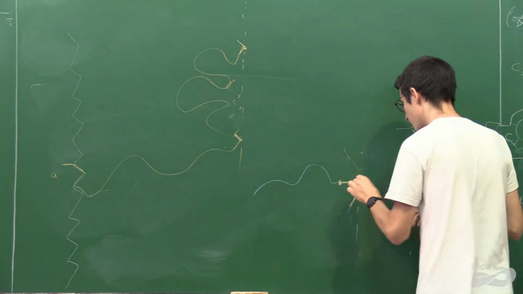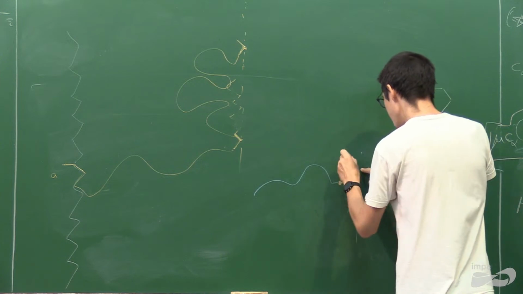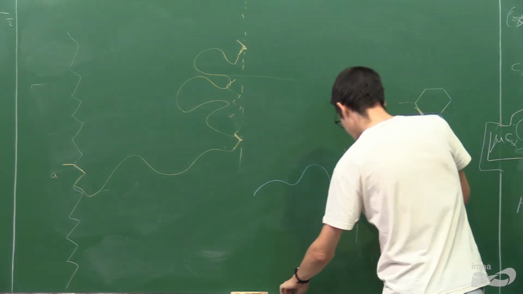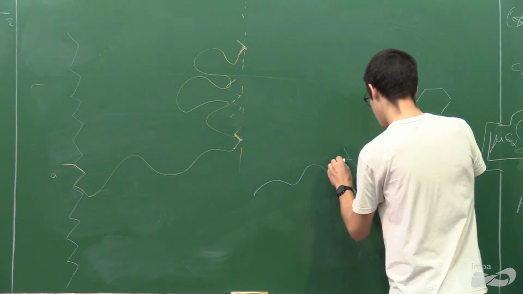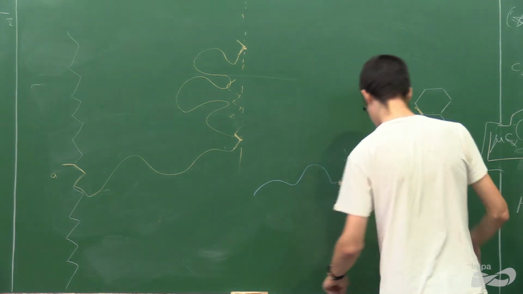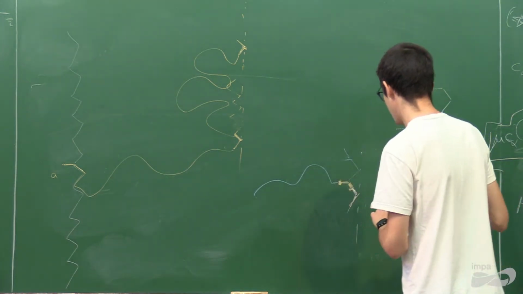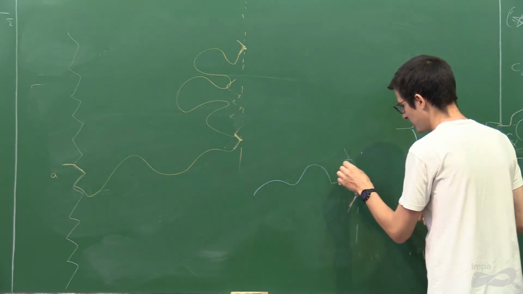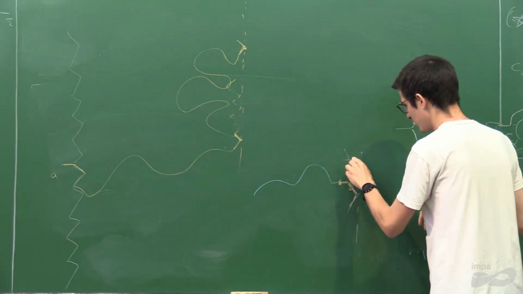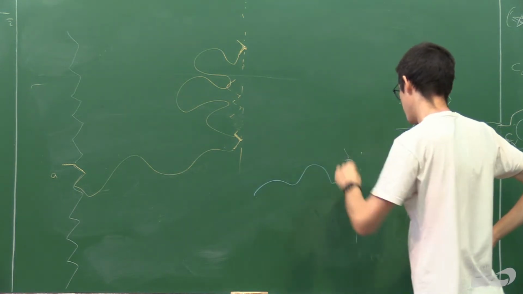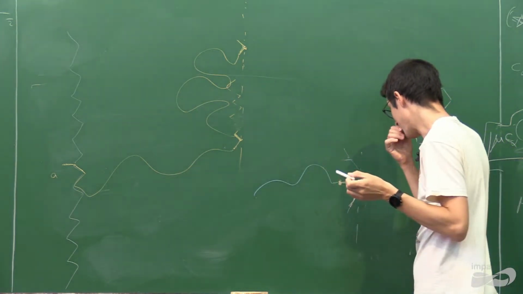And then if you look at the future from this point, well, you know that you're never going back there. So in particular, you don't know much more than this, but okay. So you know you're never going back there.